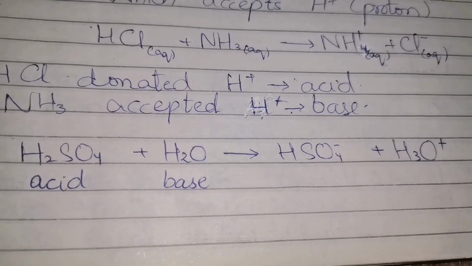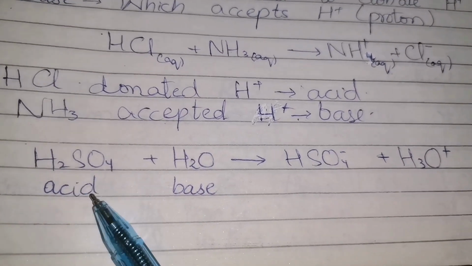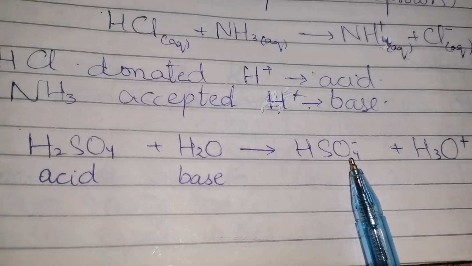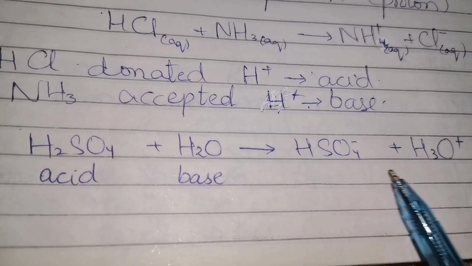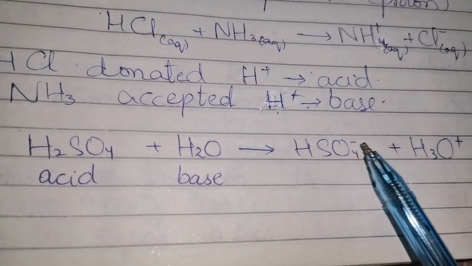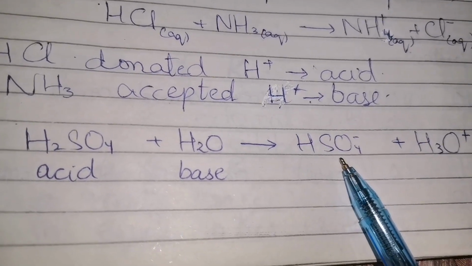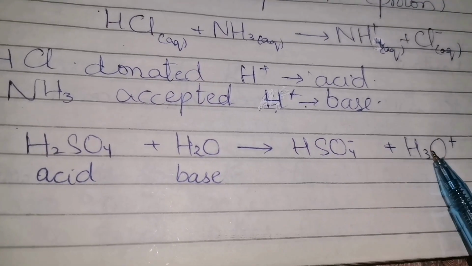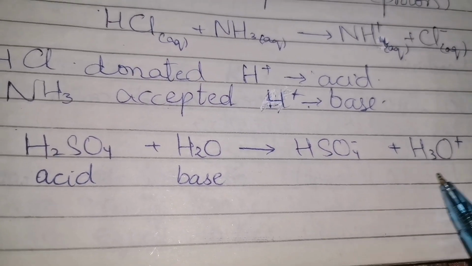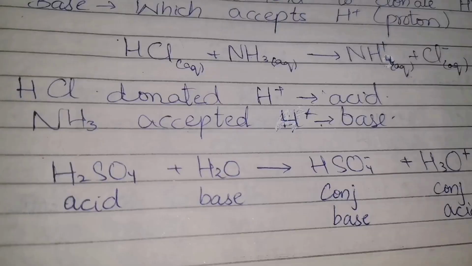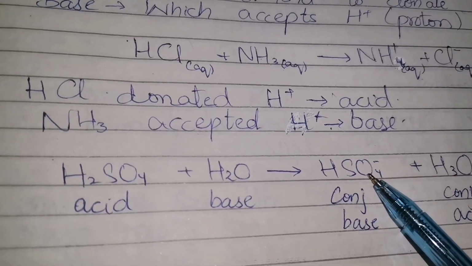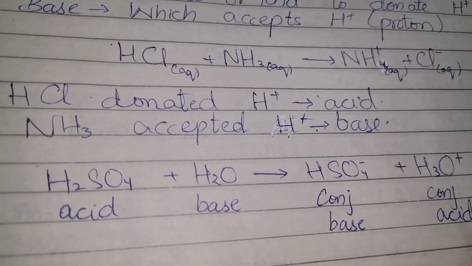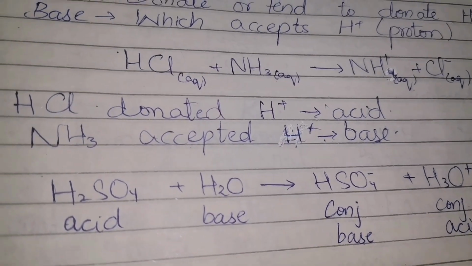Remember one thing, that an acid will always convert into a negatively charged species. Now this HSO4 negative, the bisulfate ion, will act as a conjugate base and H3O positive will act as a conjugate acid. Here the negatively charged species is the conjugate base and the positively charged species is the conjugate acid.